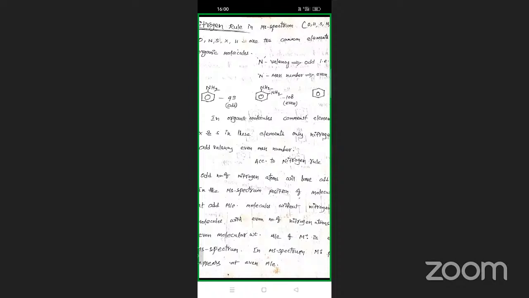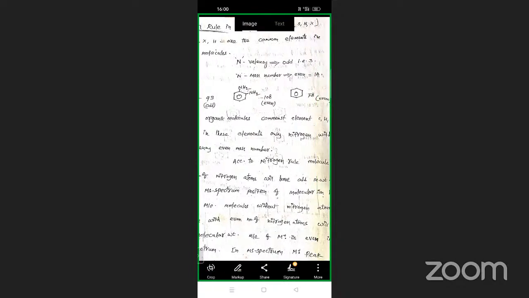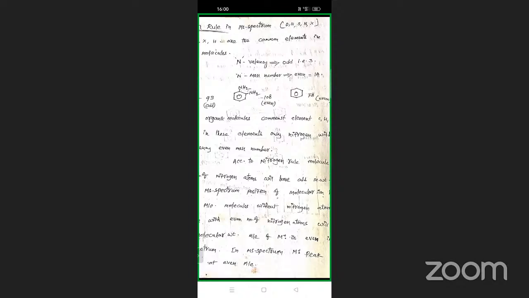If the mass is even, then an even number of nitrogens, or zero nitrogens, are present.